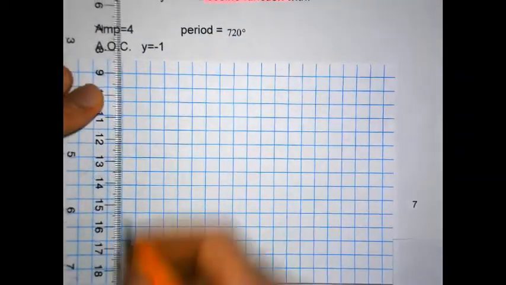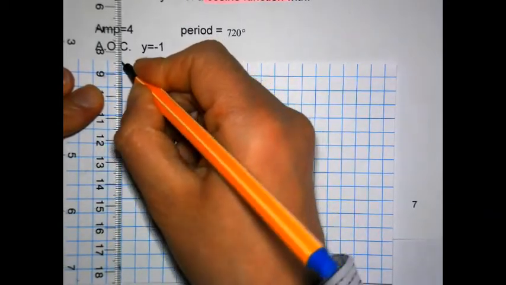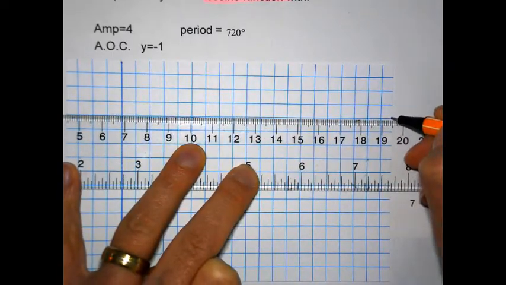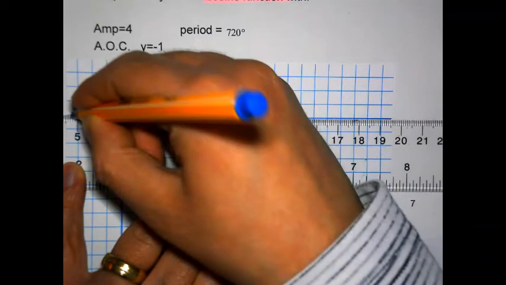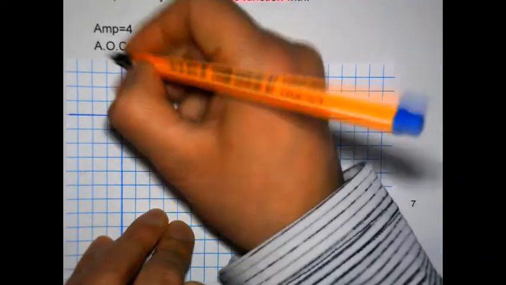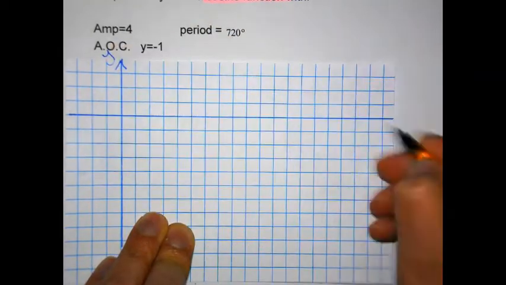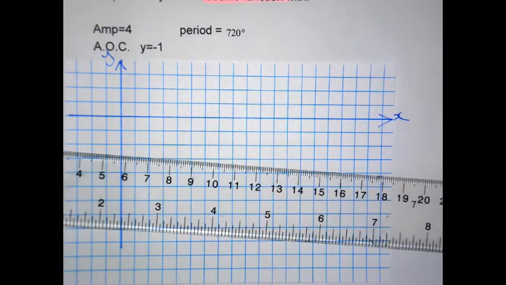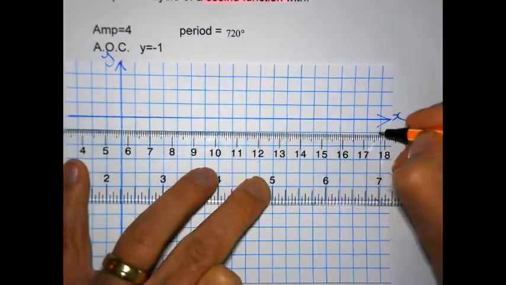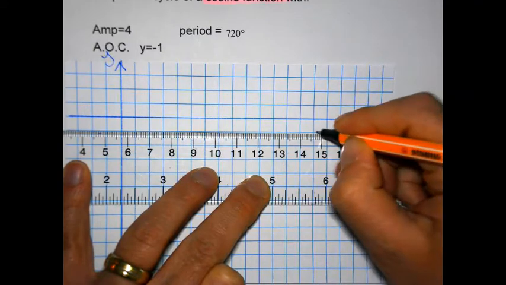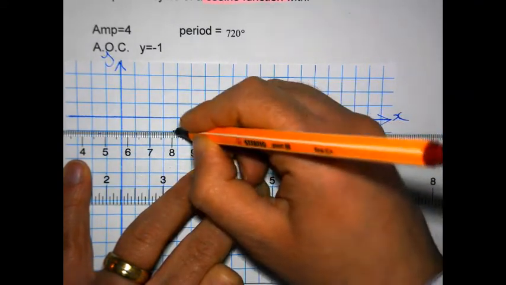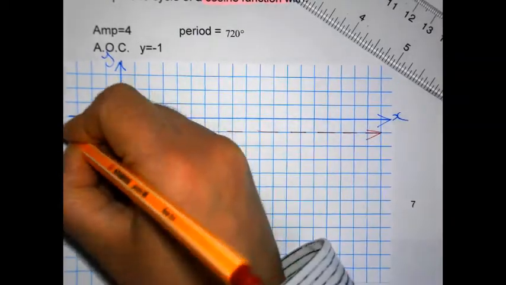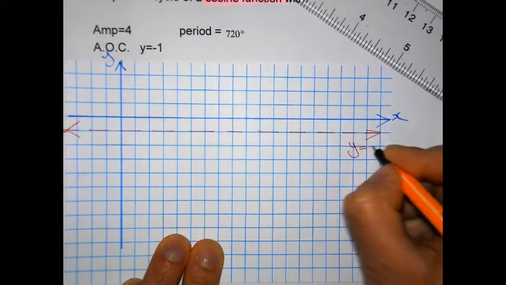So I said before, we always start with axis of curve. So y, x, the axis of curve is at -1. So I'm going to start by drawing that one. Y equals -1.